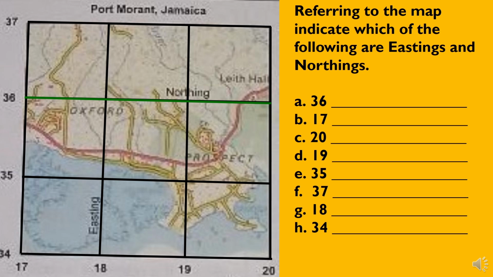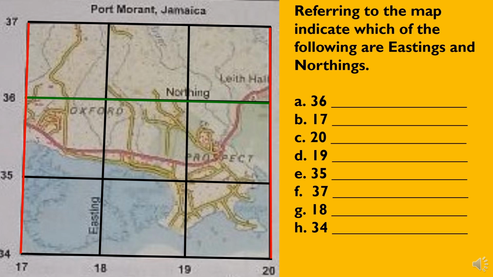What about 17? Is it an easting or a northing? Well, 17 is an easting because it's a vertical line that is numbered. C, 20. Is 20 a northing or an easting?